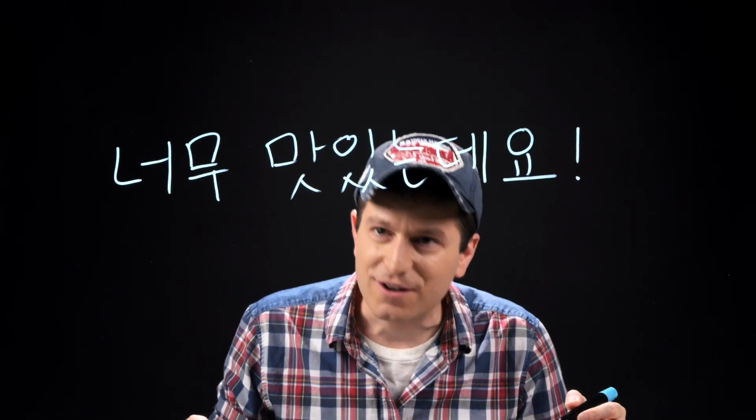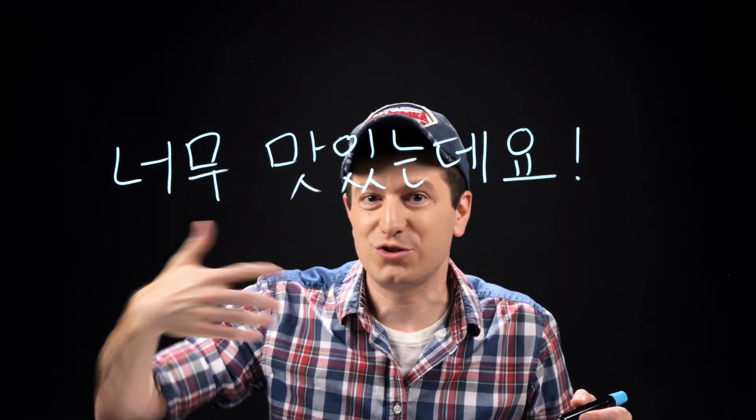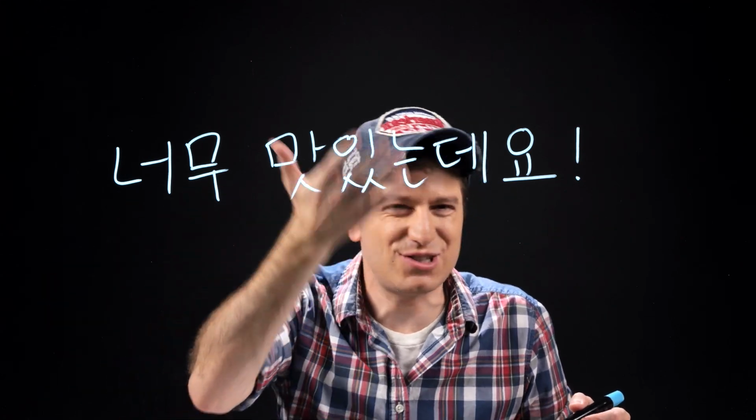But there's another way that this 대 form also gets used, and that's when you're going to emphasize something. So you can add extra emphasis to your sentence simply by adding it to the end of your sentence and then not continuing on right after. For example, I wrote over my face here, 너무 맛있는데요? 너무, so much or too much. So it's so good.